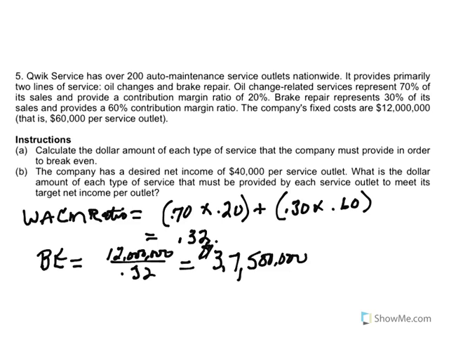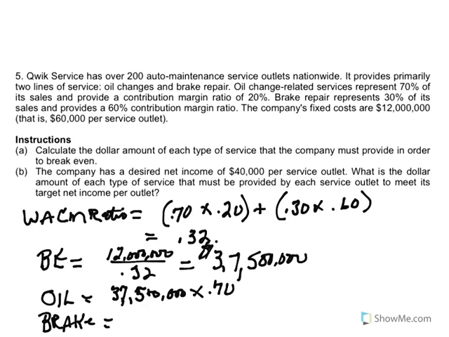So now I have to go to oil. Oil is 70%, so therefore the amount of oil sales is 37,500,000 times 70%. And brakes is equal to 37,500,000 times 30%.